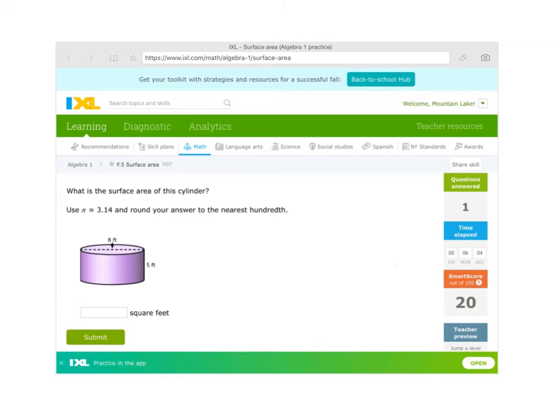And then the circumference of this, which is 2 pi r, times the height. This is the total surface area. So let's plug in everything. 16 times 2 is 32 pi.